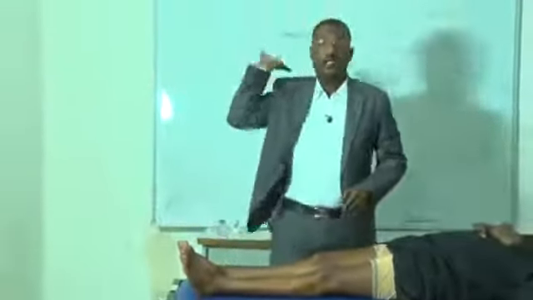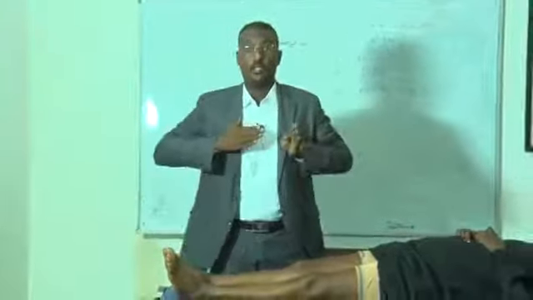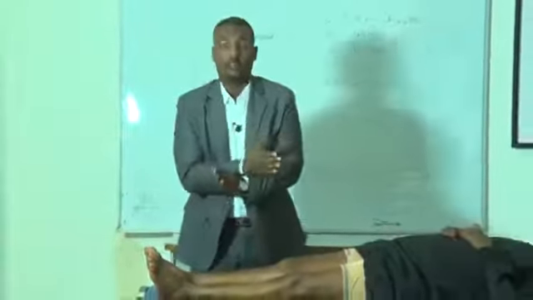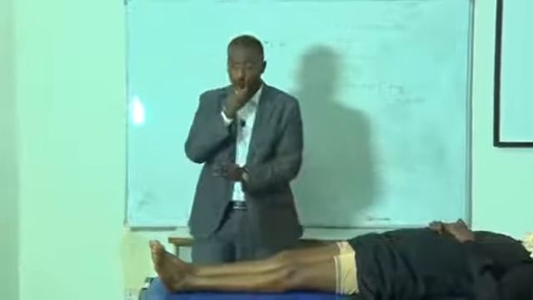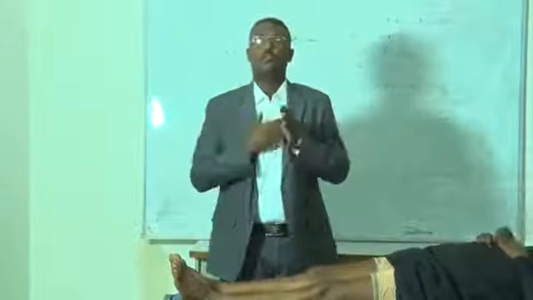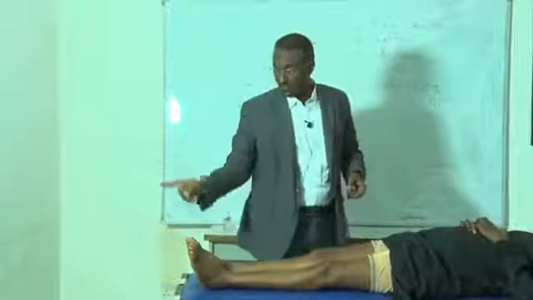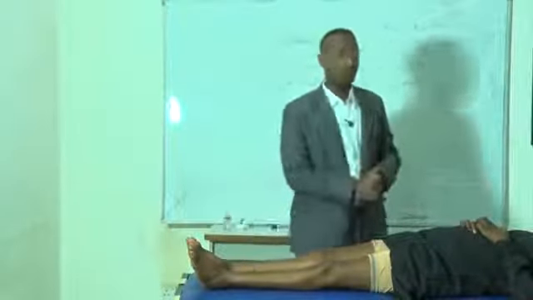But if she cannot do it while her eyes are open like this, this is called cerebellar ataxia. Again, if her eyes are open and she crosses her feet like this, this is cerebellar ataxia. If she closes her eyes and she crosses her feet together, this is sensory ataxia. That means the joint position sense is impaired.